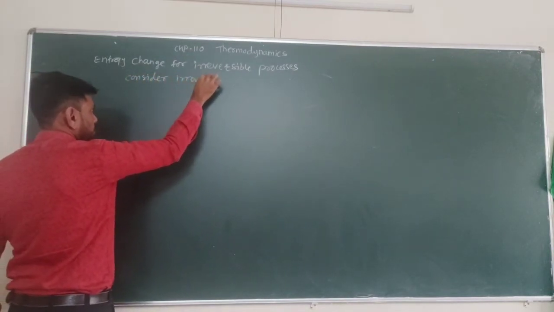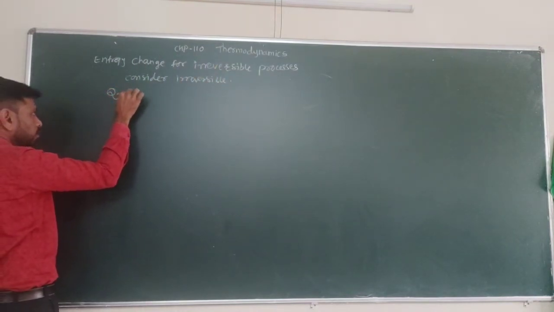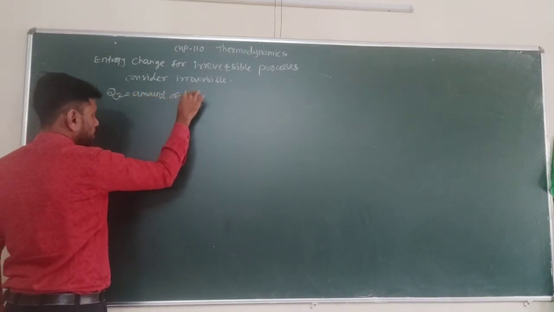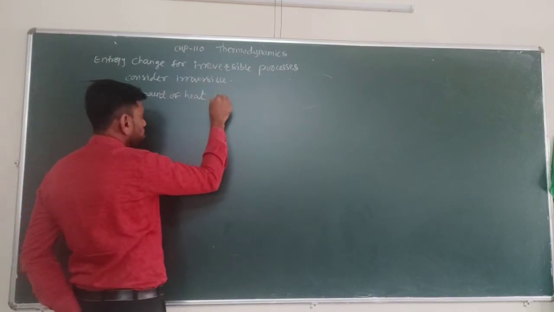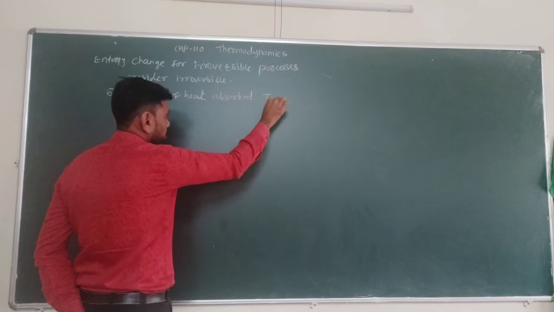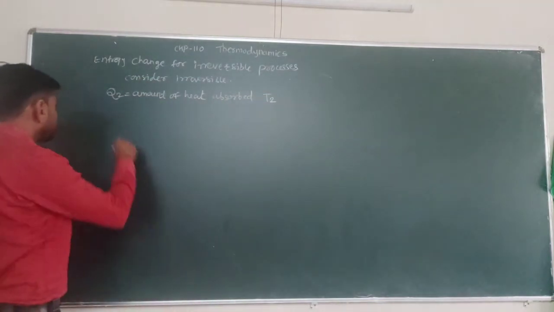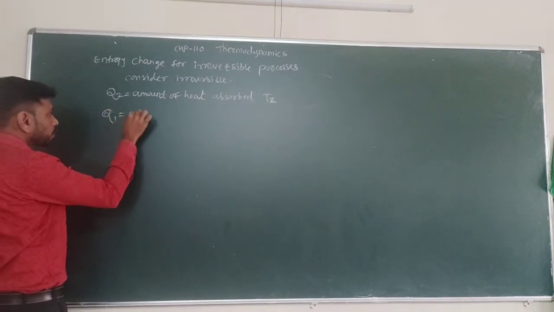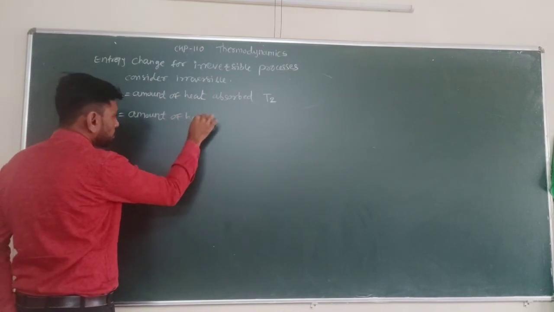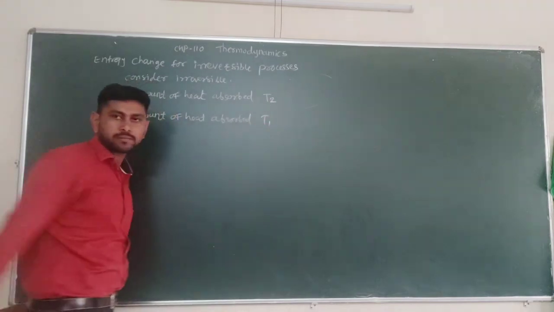For the irreversible cycle, suppose that Q2 is the amount of heat absorbed at temperature T2, and Q1 is the amount of heat absorbed at temperature T1.